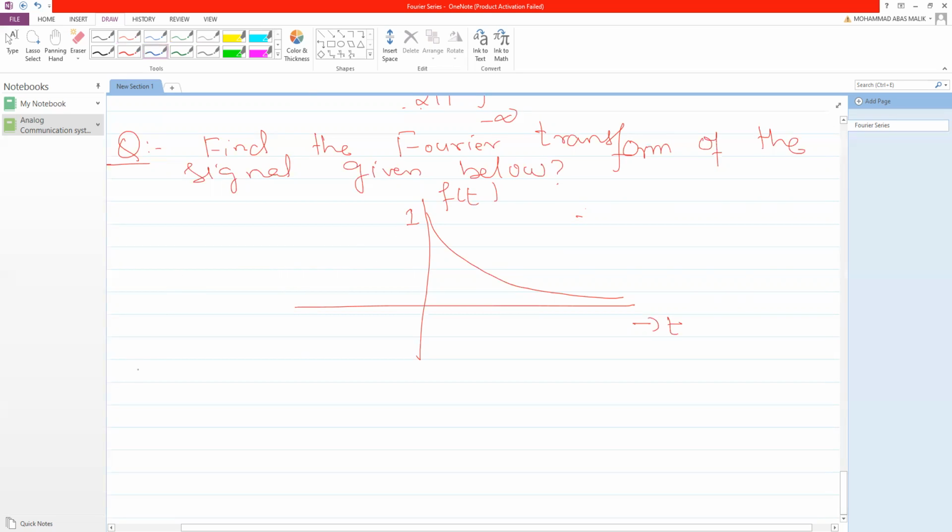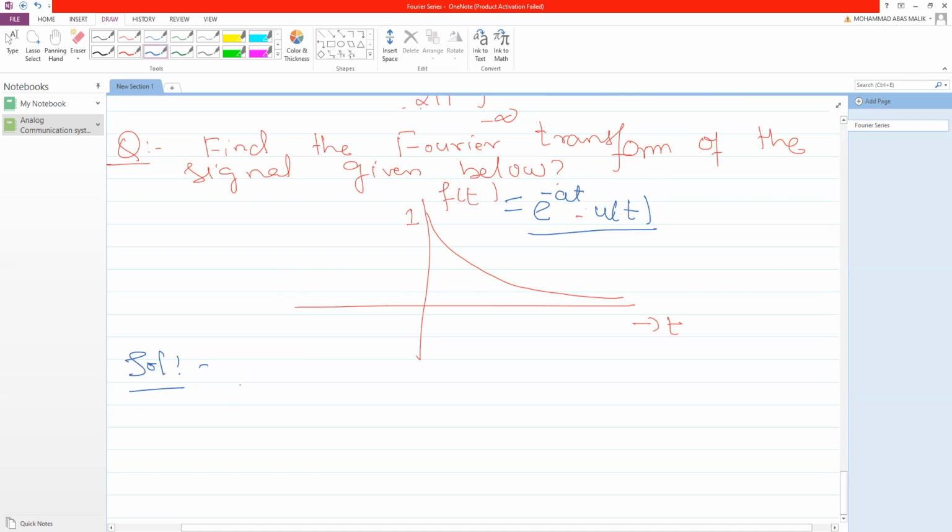Now the solution for the same: this signal by default is nothing but e raised to the power minus at u of t.